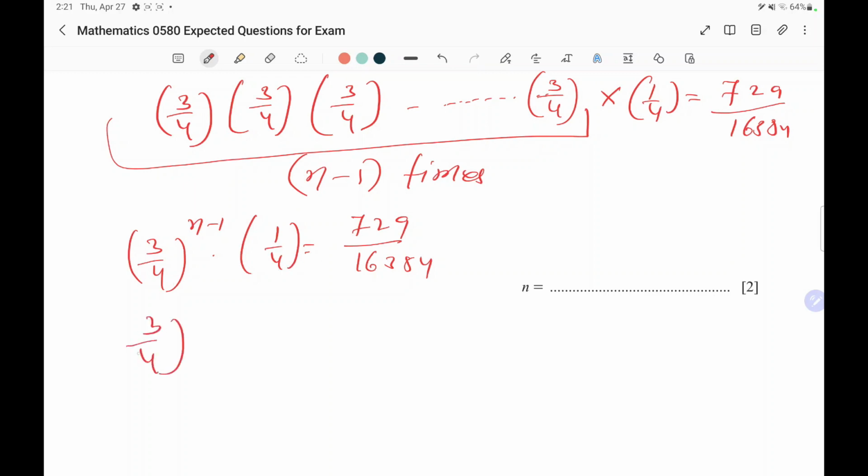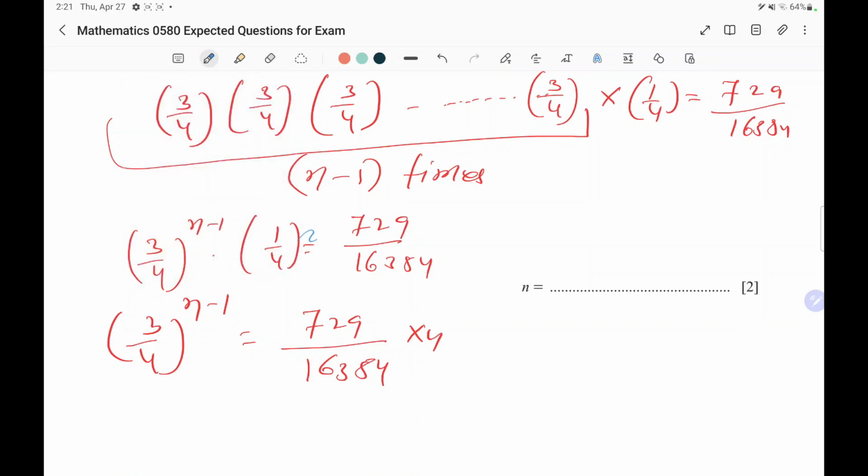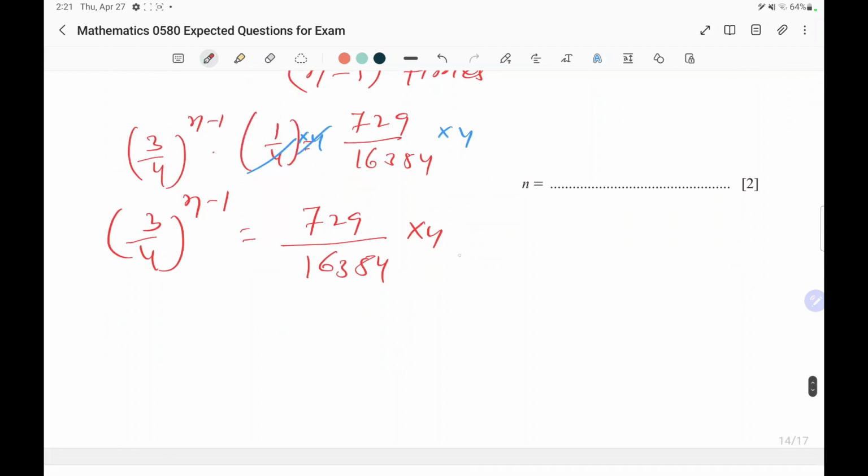Then we can write (3 over 4) to the power n minus 1 equals 729 over 16384 times 4, because if you multiply 4 here and 4 here, this 4 and this 4 you can cancel. So that's how you will get this. Can we simplify that a little?